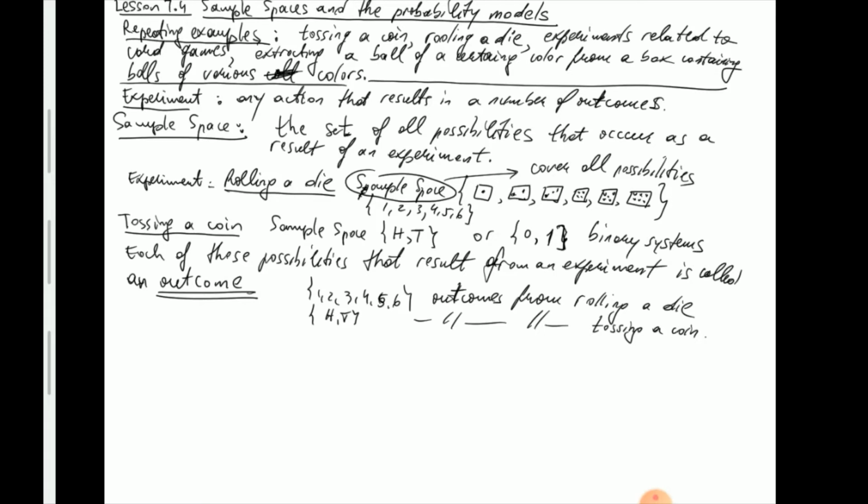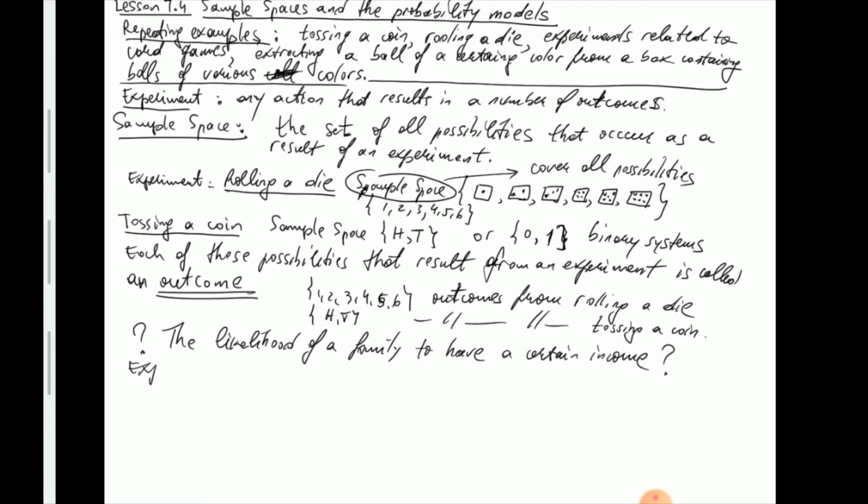So for example, if I want to figure out the likelihood of a family to have a certain income, in that case, the experiment would be picking a family at random from a group of families. That could be at the level of a country or at the level of a town, and so on and so forth.